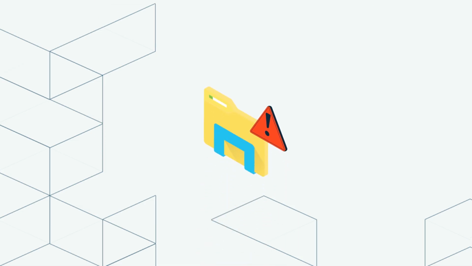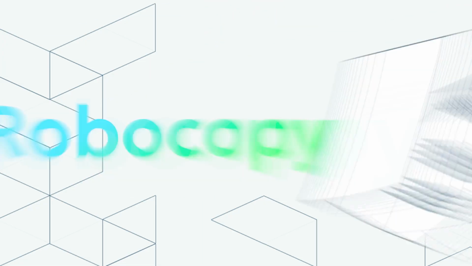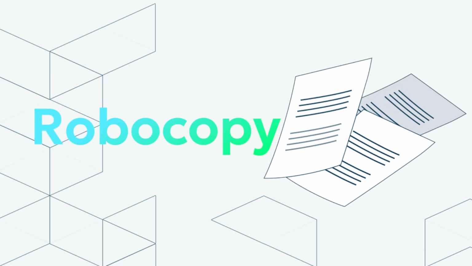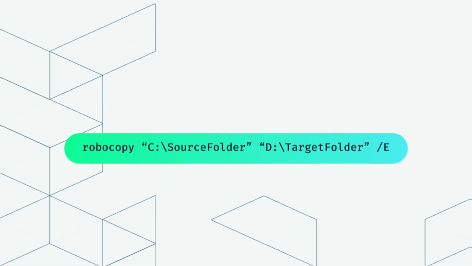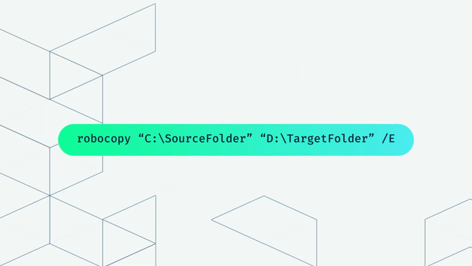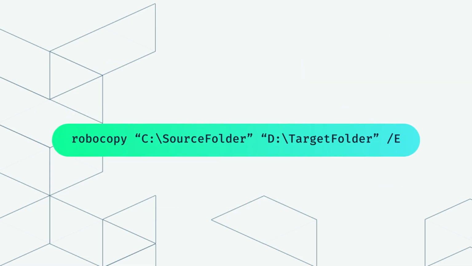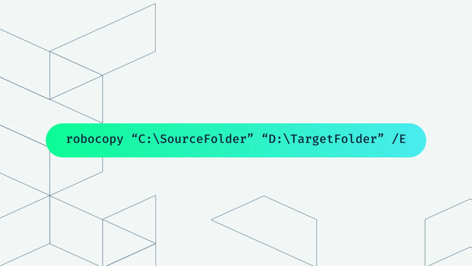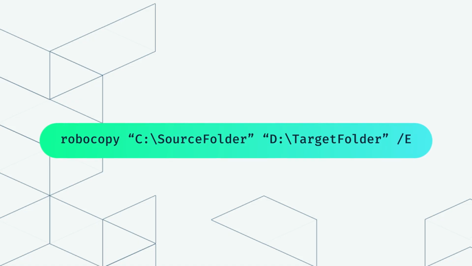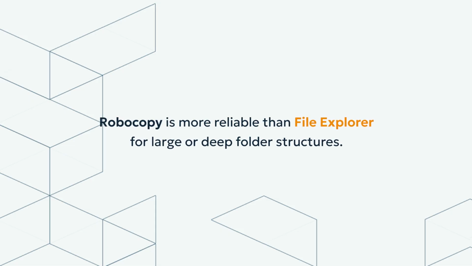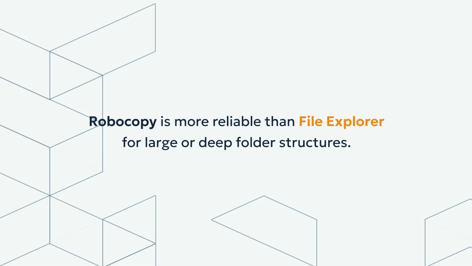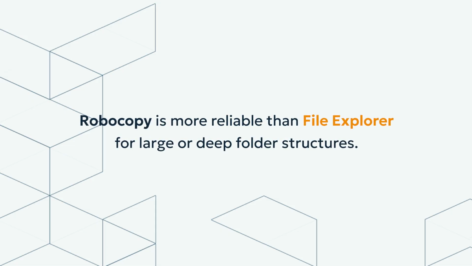If File Explorer gives you an error, try using Robocopy, a command line tool that handles long paths and complex copies. Robocopy C:\source folder D:\target folder /E. Robocopy is more reliable than File Explorer for large or deep folder structures.